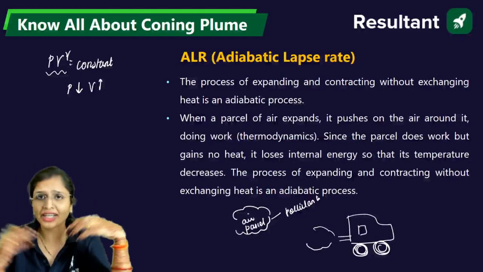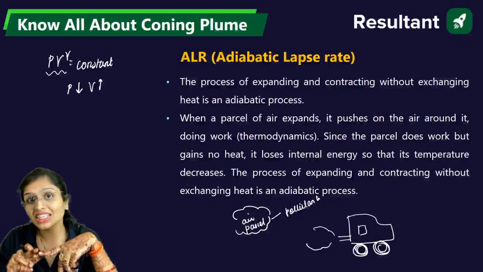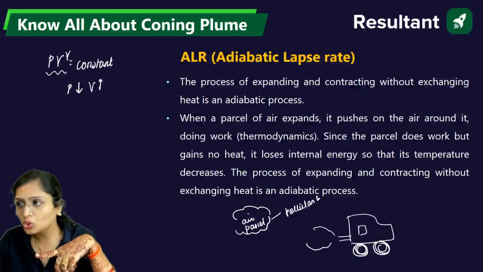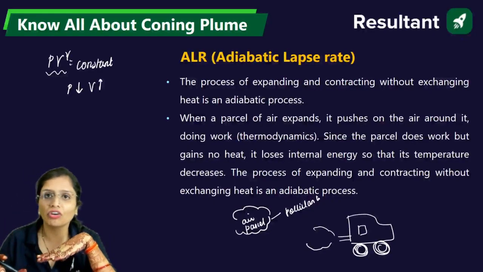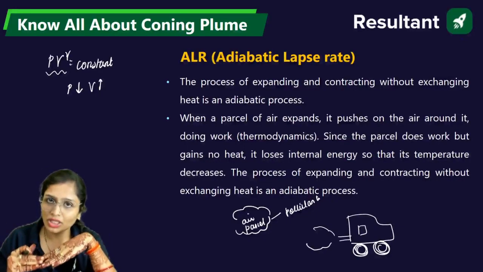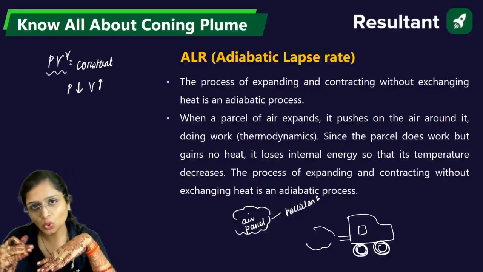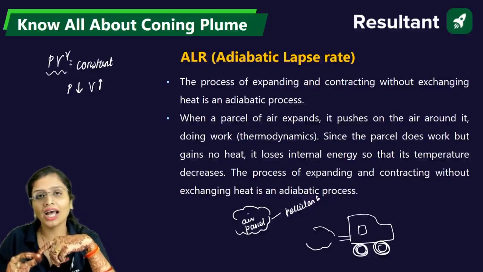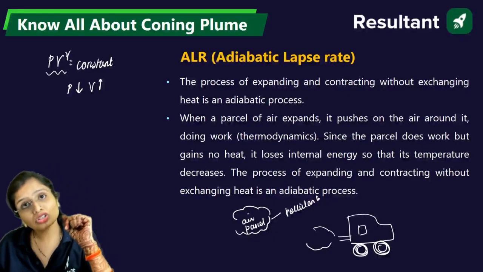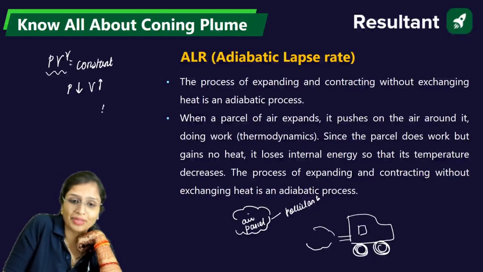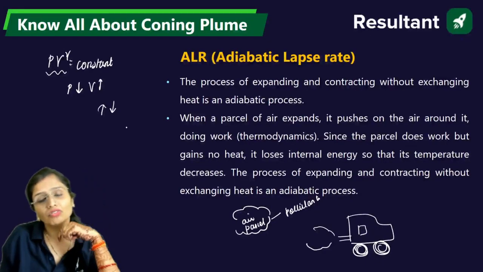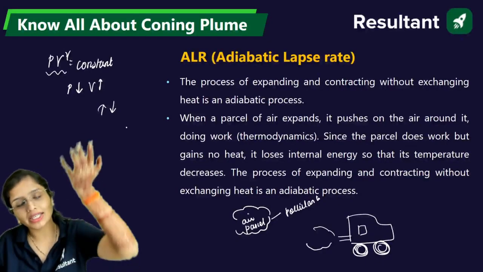Why, ma'am? Why can't it take it from other places? Because this is an adiabatic process, so there will be no exchange of heat from anywhere else. The pollutant will utilize its own internal energy, and the volume will increase, because of which you will see the decrease in temperature. So that is the reason for pollutants also.